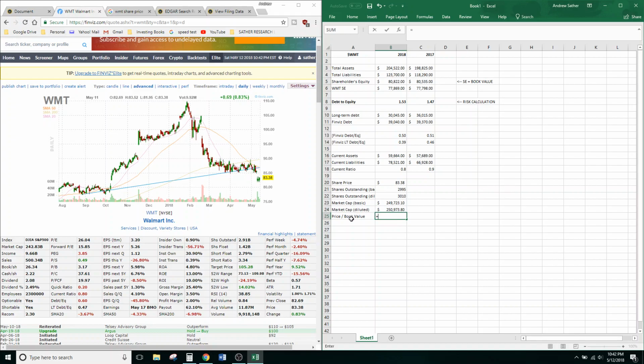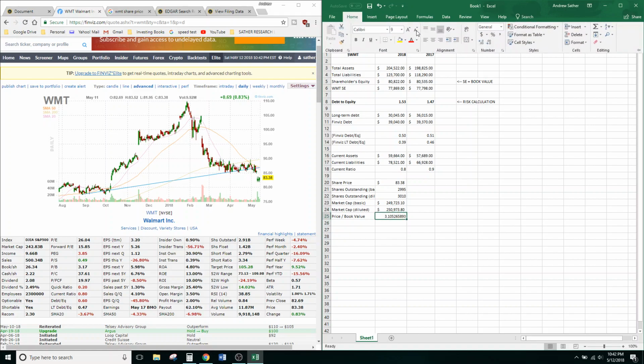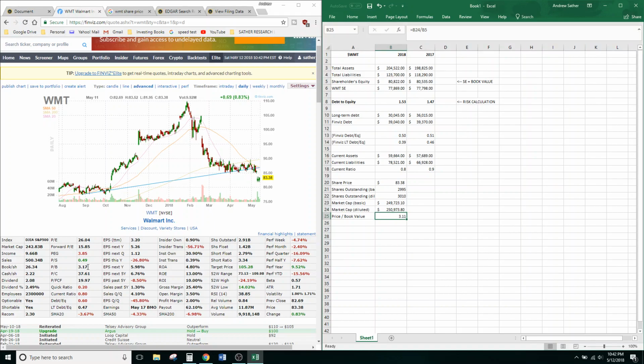So to take something like the price to book, you would take the market cap and divide it by the book value or the shareholders equity. And like I said, it's going to give us something close. So we're still at like 3.1. So close enough. 0.06 difference.